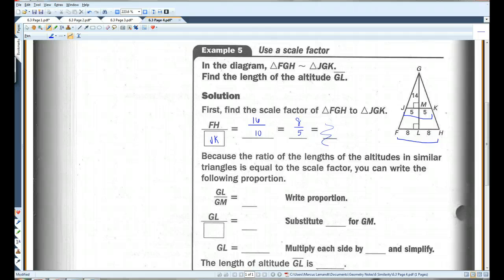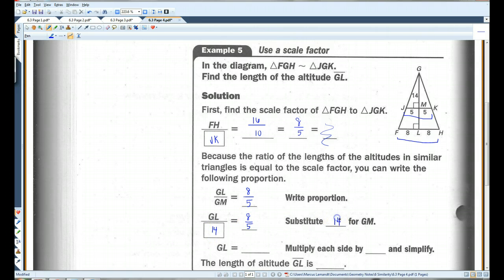Because the ratio of the lengths of the altitudes in similar triangles is equal to the scale factor, you can write the following proportions. GL over GM has to equal 8 over 5, the scale factor. Now we don't know what GL is, but we know that GM is 14.